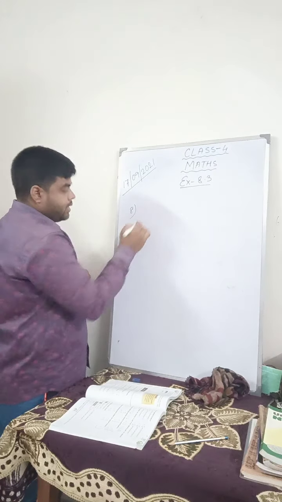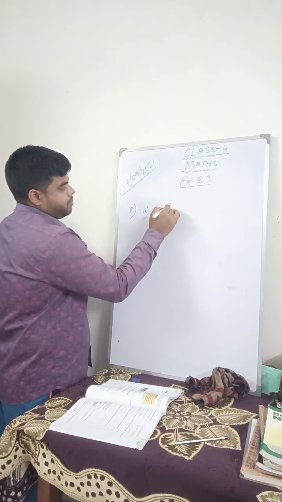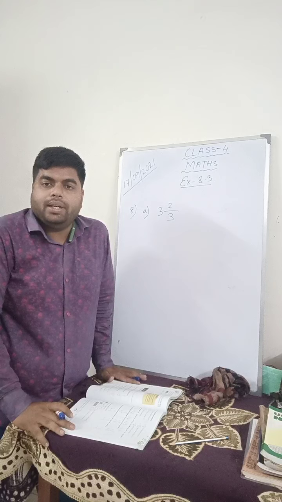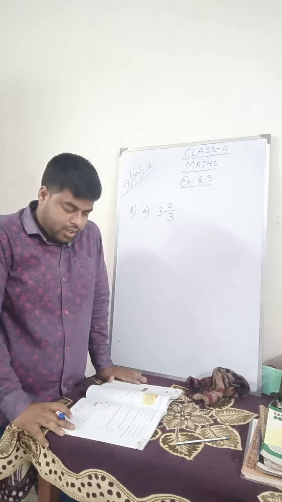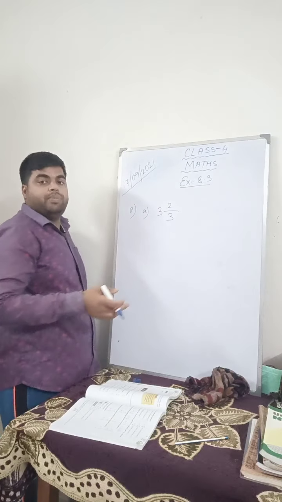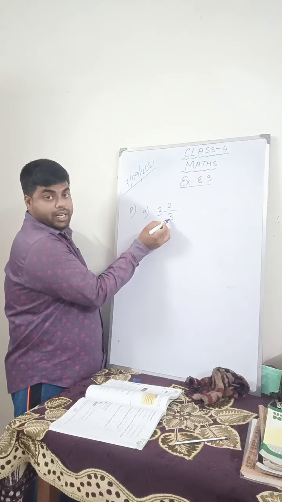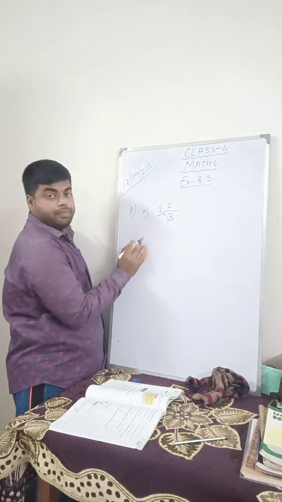In question number 8, they have given you a mixed fraction, and they have asked you to change that into an improper fraction. So when you change a mixed fraction, you have to multiply the denominator with the whole number.